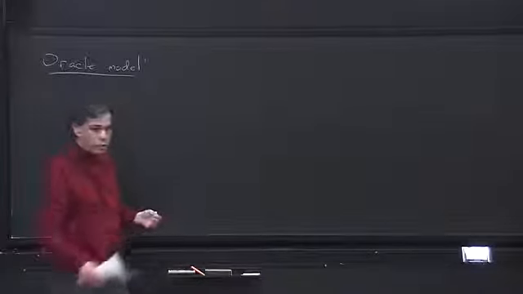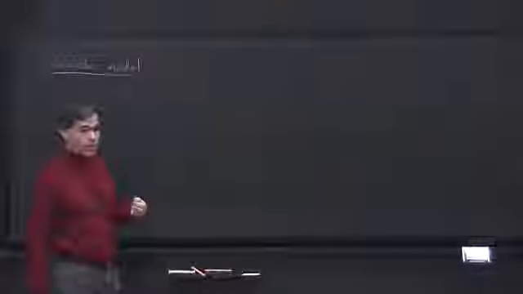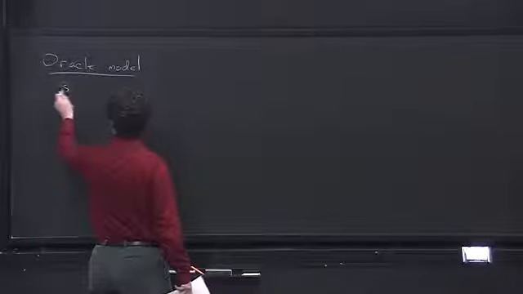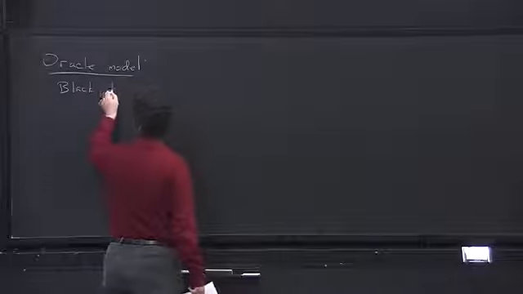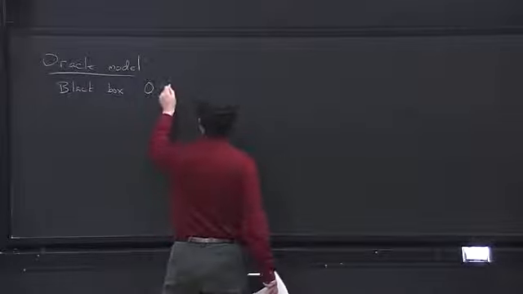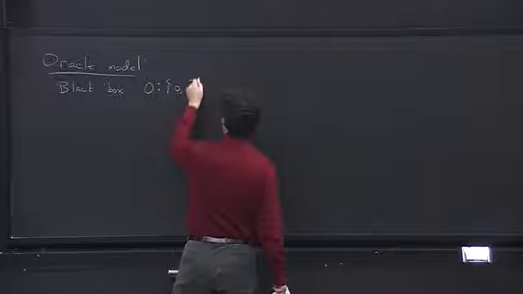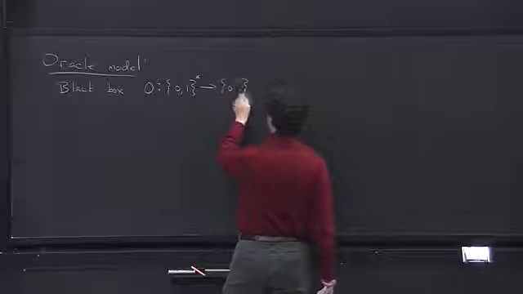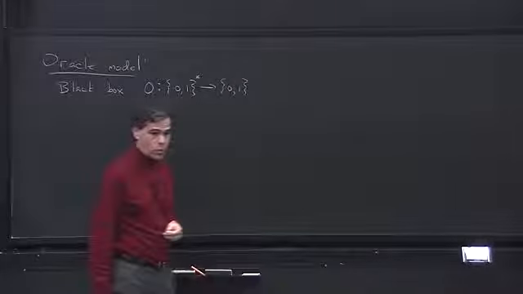So an oracle is basically a black box function. And so the oracle is going to take some input, and it generally, though it doesn't have to, gives a 1-bit output.